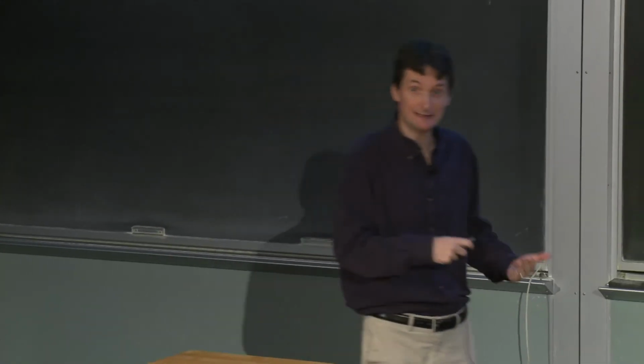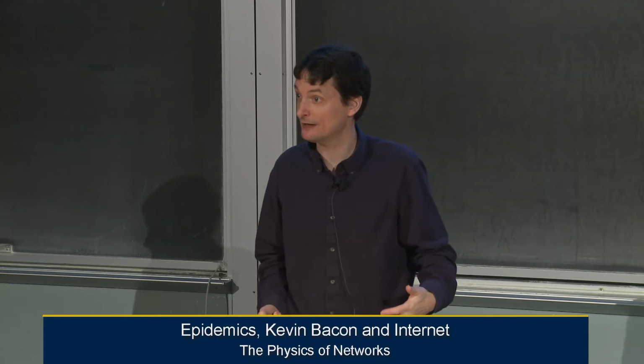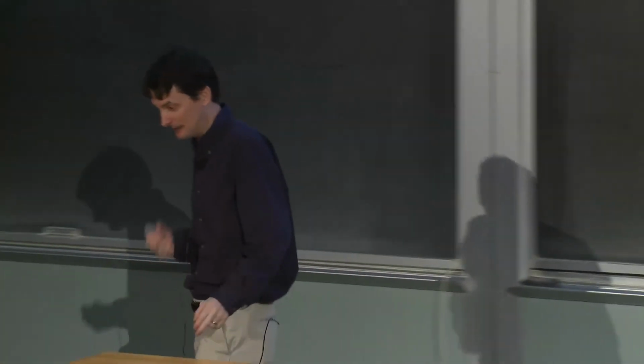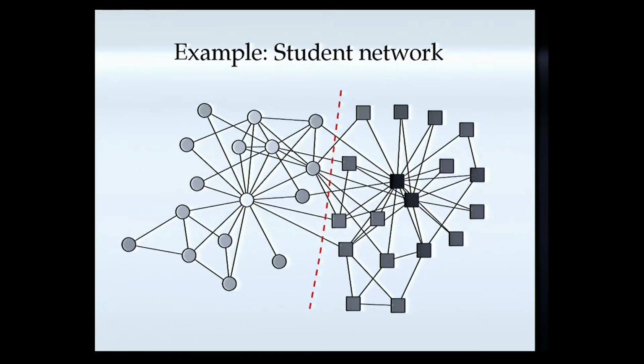So we came up with a computer algorithm that can do this. You feed a network into the computer, and it comes up with the best possible way of dividing this network up into groups. So here's a couple of examples from our work. I'll finish with these. So this is a social network example.